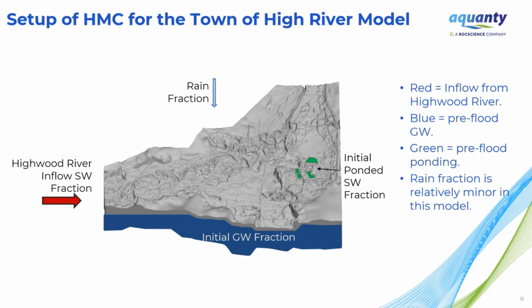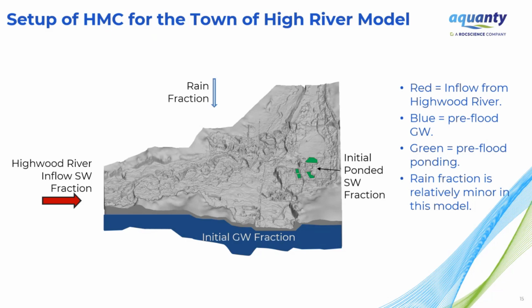So just a little bit of orientation for some of the color scales you're going to see on the following animations. The surface water inflow from the Highwood River is going to be shown in red. Essentially all of these fractions will be shown in terms of a scale from 0 to 1, with 1 being a full fraction and 0 being no fraction.